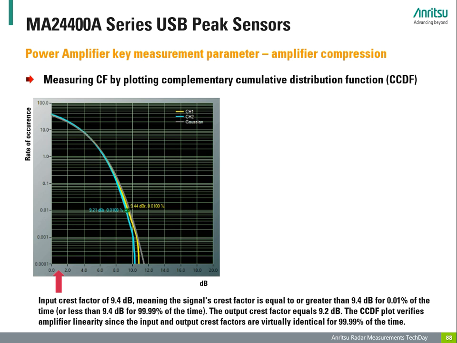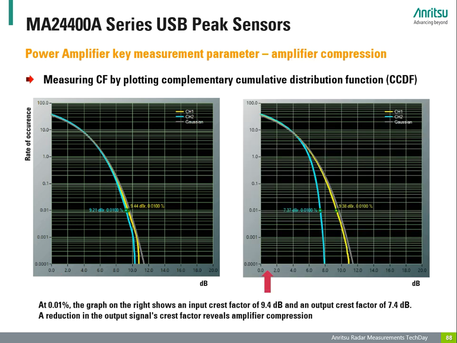Here in the given CCDF plot, you can see the percentage of occurrence at the input in yellow and output given in light blue is the same, meaning no compression behavior in this situation. Here the CCDF shows a difference of 2 dB pinpointing compression behavior.